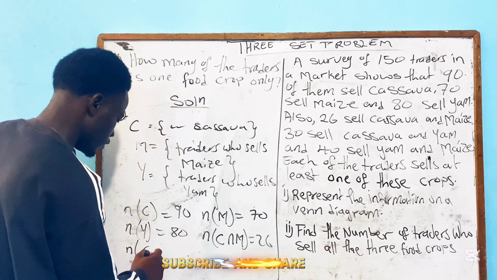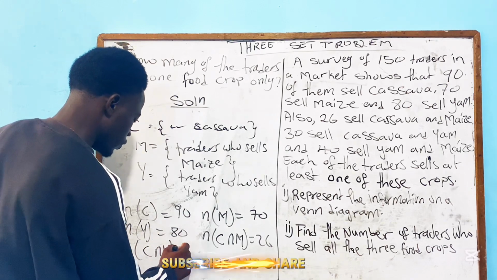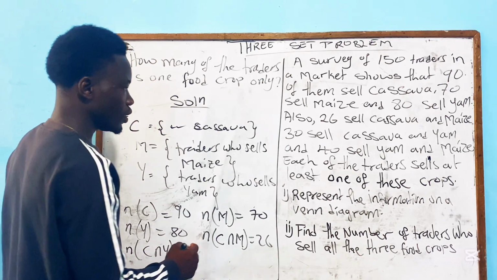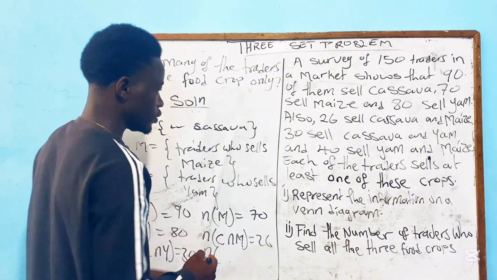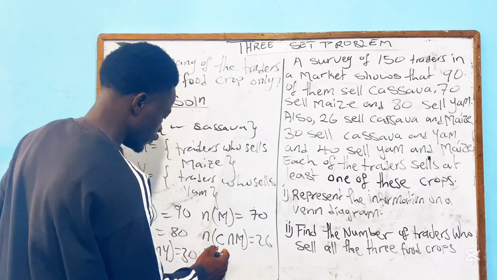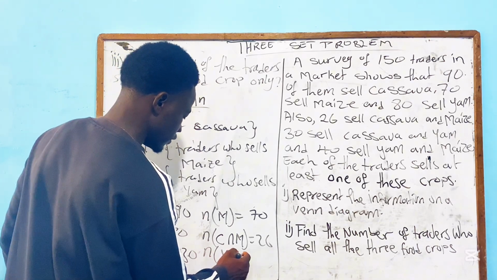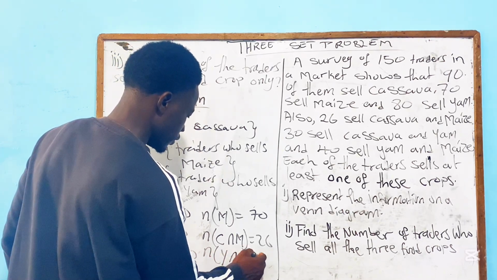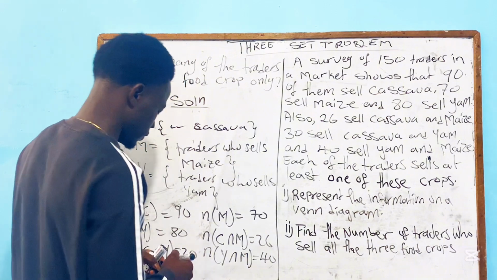So the number of C intersection Y is equal to 30. And lastly, we have 40 who sell yam and maize. So Y intersection M is equal to 40.